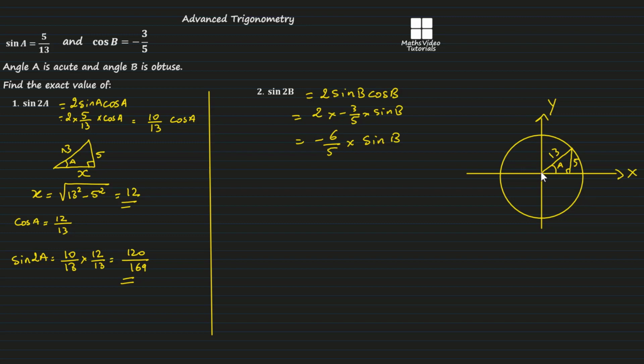So my angle B will be this one here. The angle B you always measure from the positive x-axis.